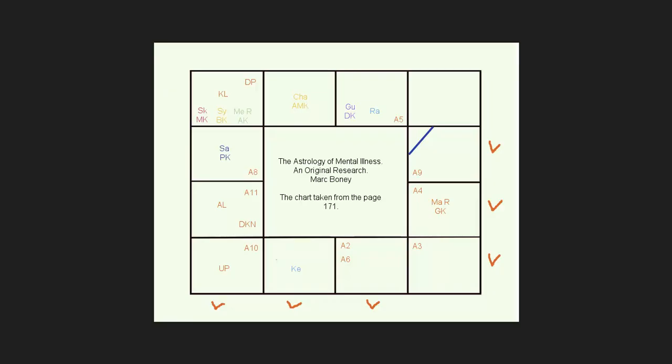Then we're going to the 7th house. Here we've got our Aruda Lagna falling in the sign of Capricorn or Makara. We also have the Aruda of the 11th house marked as A11 and Darakaraka Navamsha, marked as DKN.